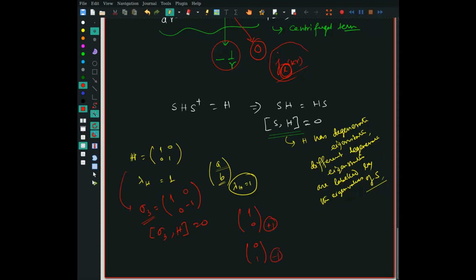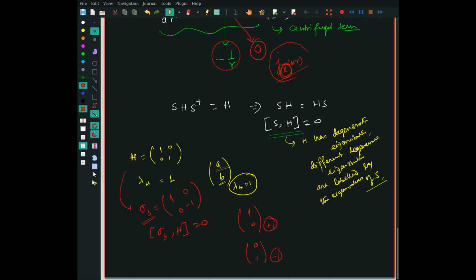I am using my sigma 3 eigenvalues to label my degenerate eigenvectors of H. That is an informed choice I am making: my eigenvectors of H are not well defined for a set of degenerate eigenvalues, and I am taking the help of another operator that commutes with H, that is compatible with H, and I am using the eigenvalues of that operator to label my degenerate eigenvectors of capital H.